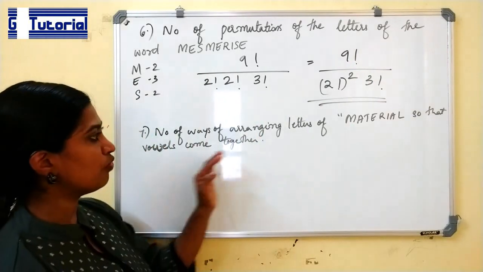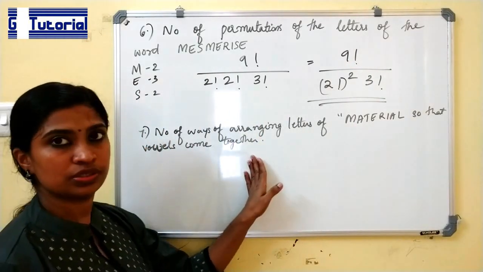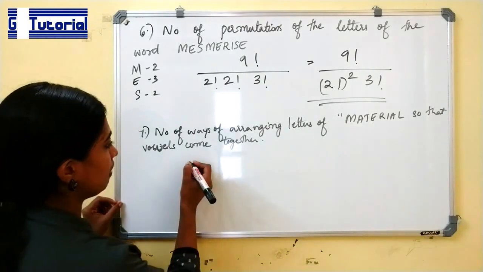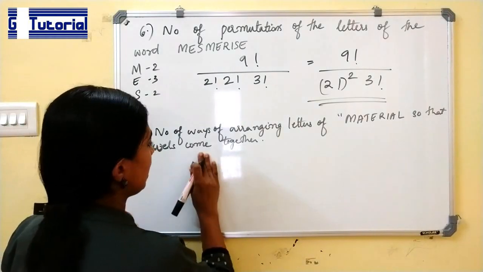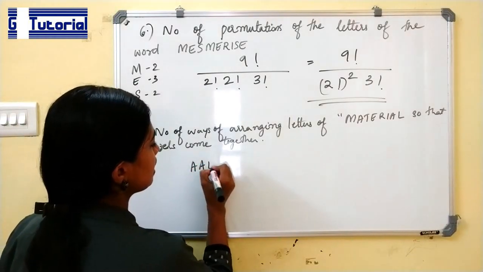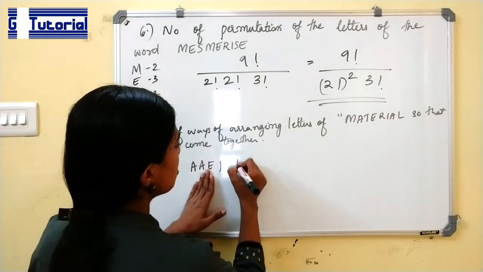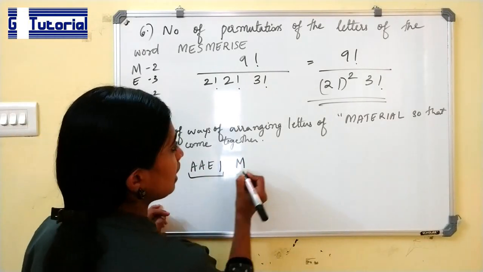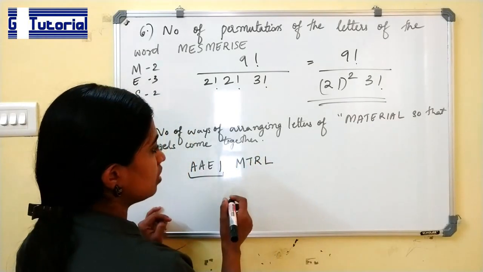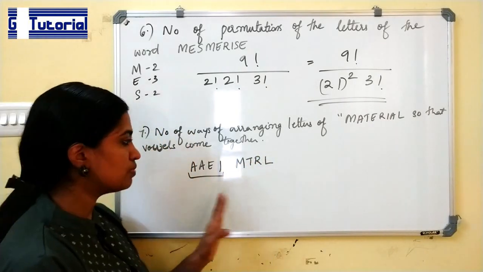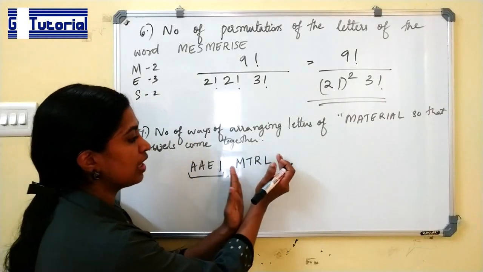Next question. Number of ways of arranging letters of the word material so that vowels come together. So, in material, the vowels are A, E and I. The rest of the letters, consonants, are M, T, R and L. So, the vowels are treated as 1 unit and there are 4 others.